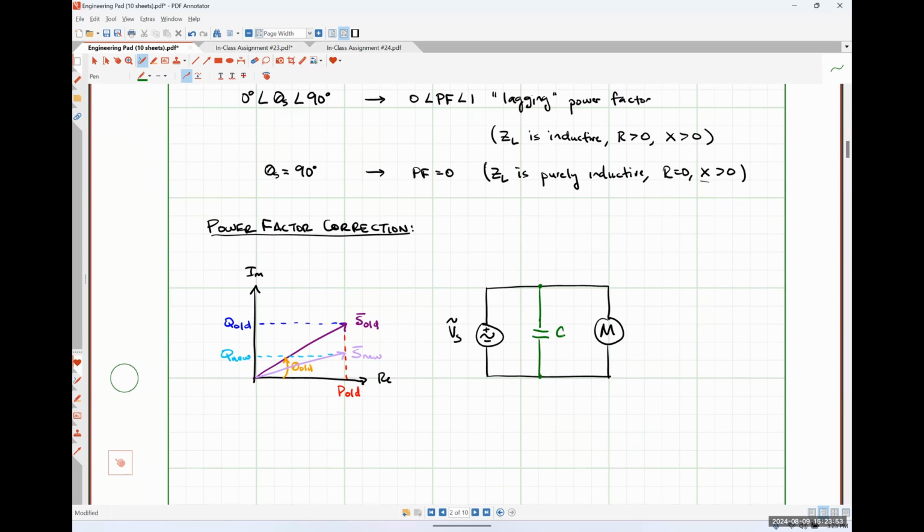Realistically, we could place the capacitor C in parallel with our motor, and in the way that I've drawn it, they represent the same things, but power factor is usually corrected at the source because our transmission lines usually have some amount of inductance as well.